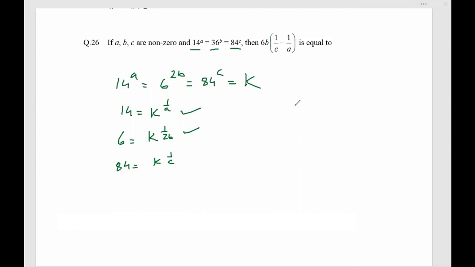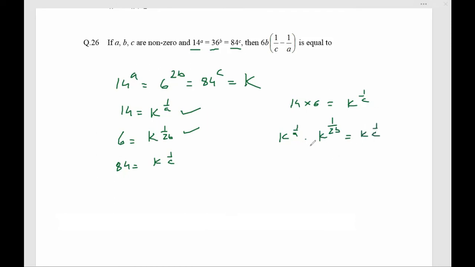So you rewrite 84 as 14 into 6 is equal to k to the power 1 by c. And then you replace these values. 14 is k to the power 1 by a. 6 is k to the power 1 by 2b. That is equal to k to the power 1 by c.